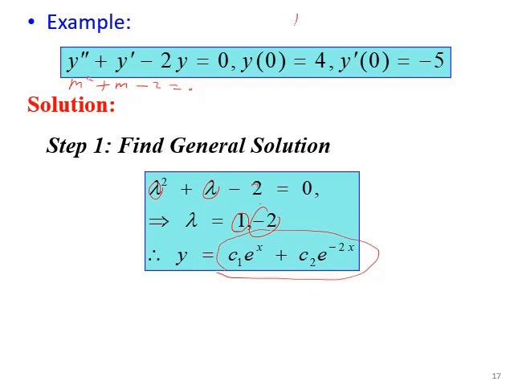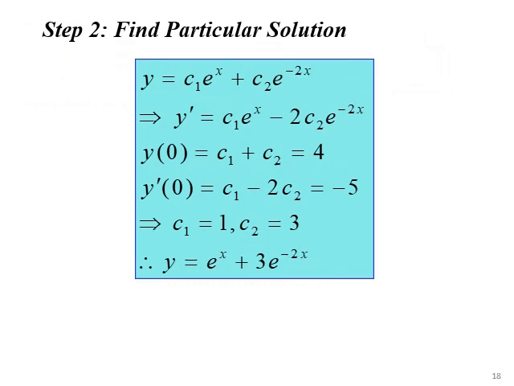He gave me here initial conditions. I will use the first one directly because I need to substitute for y by 4 and x by 0. But to use the second one, I need to differentiate y. I will differentiate and substitute. As you can see here, I substituted 0 and I got an equation. Now I differentiate.